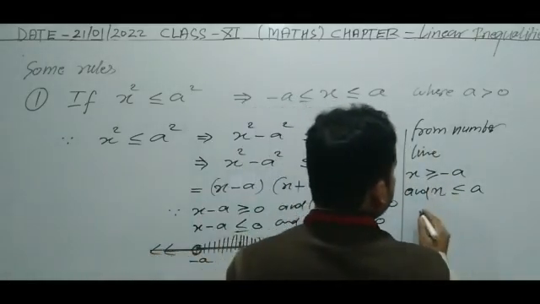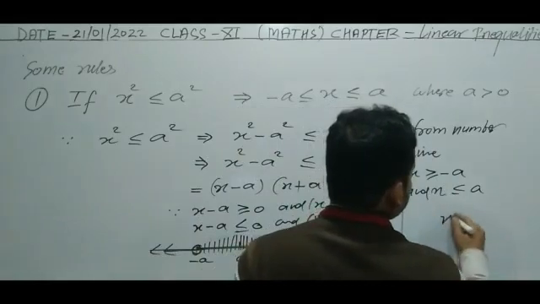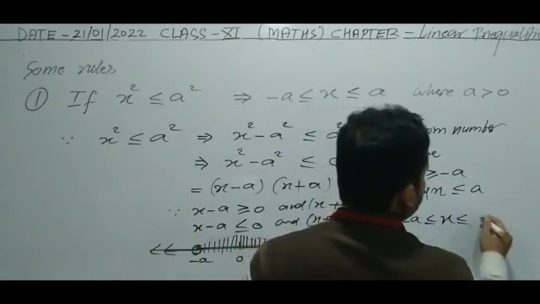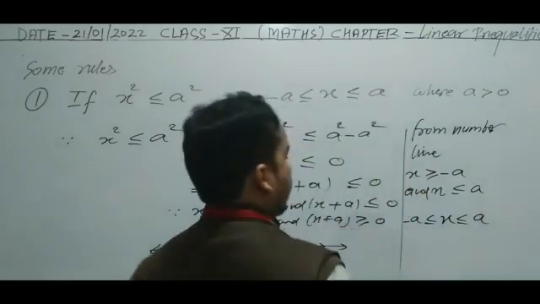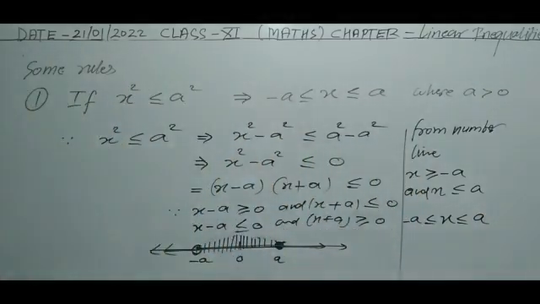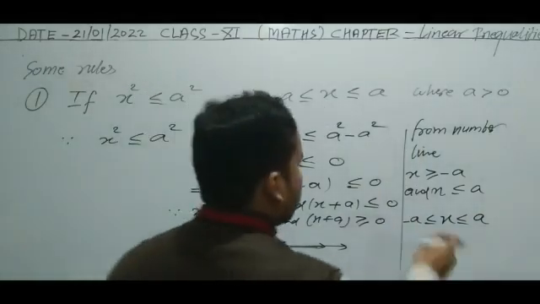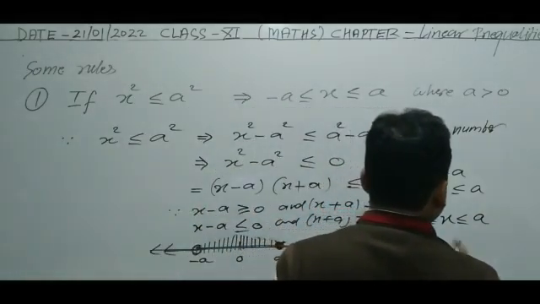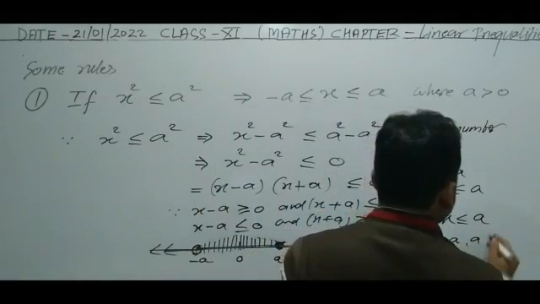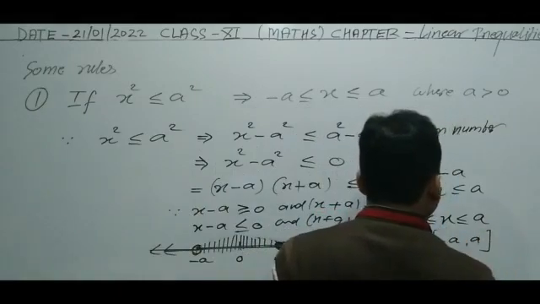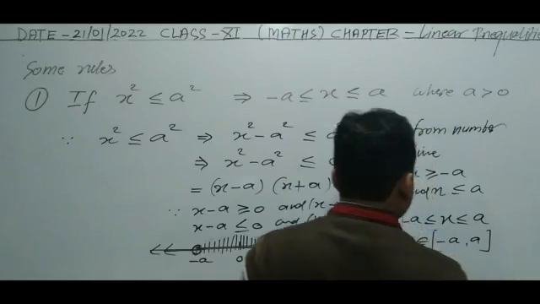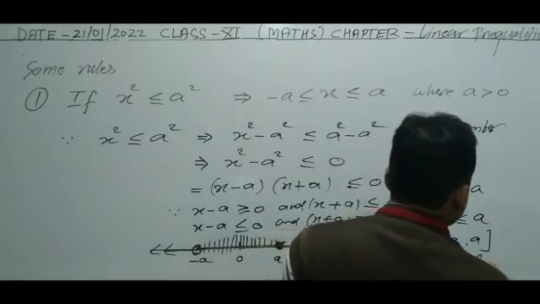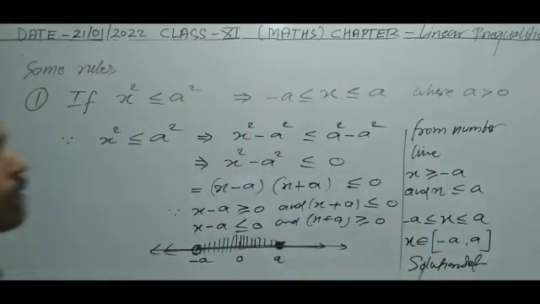So combinedly we can write the solution greater than equal to minus a and lesser equal to a. This is the solution set, and we can write x belongs to minus a to a in closed interval.